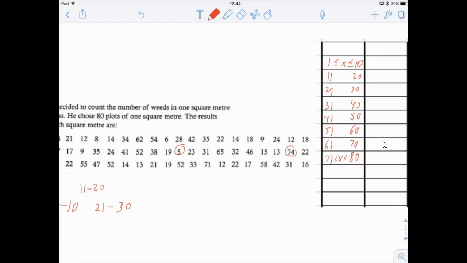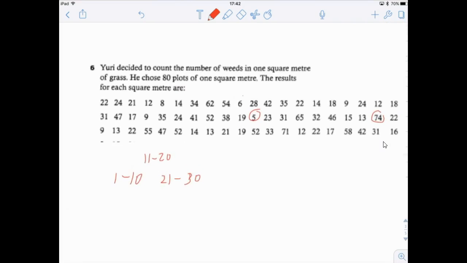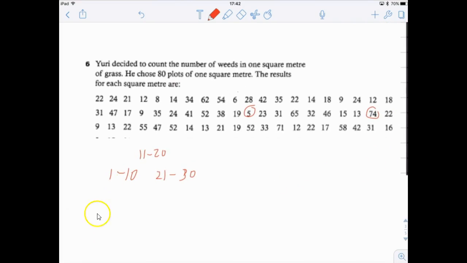Okay? And this would be number of weeds, and this would be frequency, and then we just need to count up like we did before. So I'm going to do that, but you don't have to watch me do it.